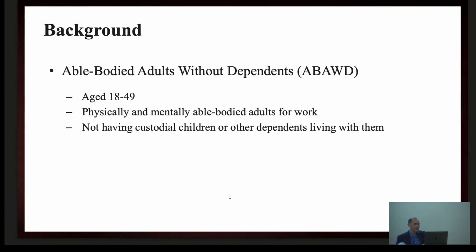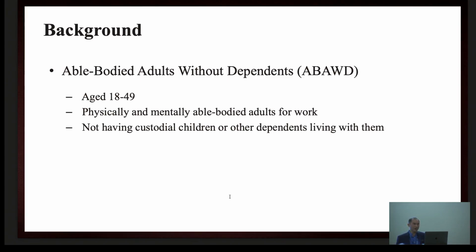I want to talk about the ABAWD, which is the able-bodied adults without dependents, because this is really the focus of the SNAP time limit requirement, they call it. So the old one is limited to aged 18 to 49, physically and mentally able-bodied adults for work, and not having dependent children under 18 and other dependents living with them.